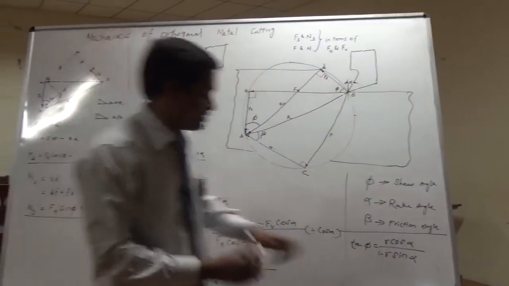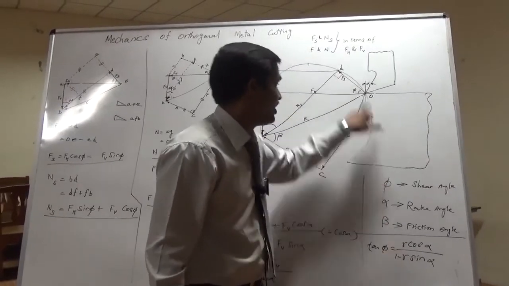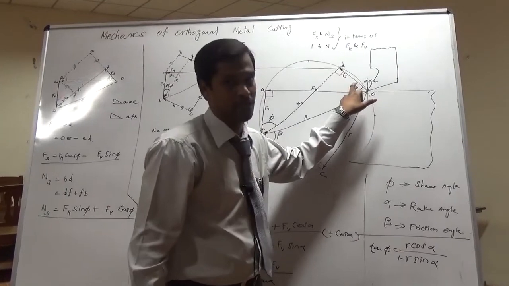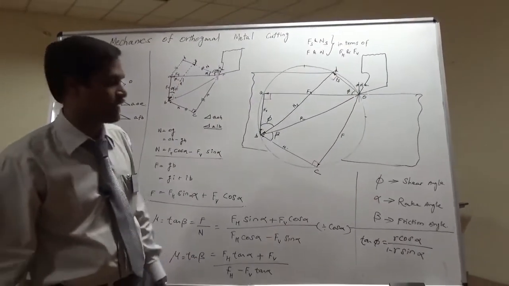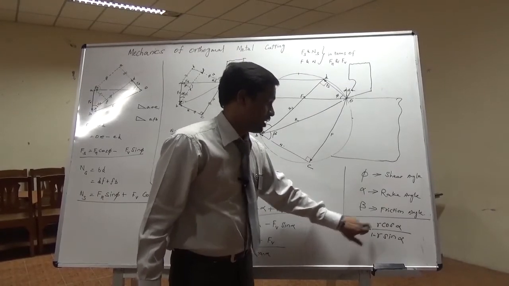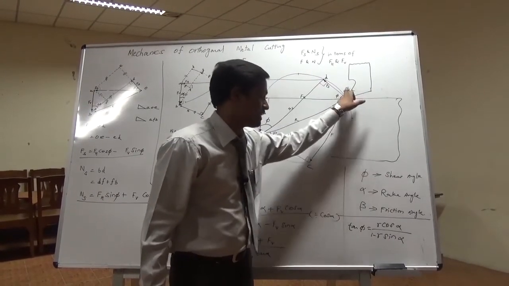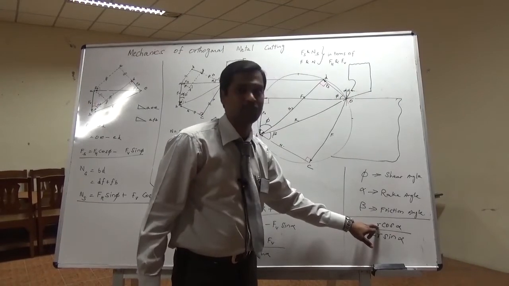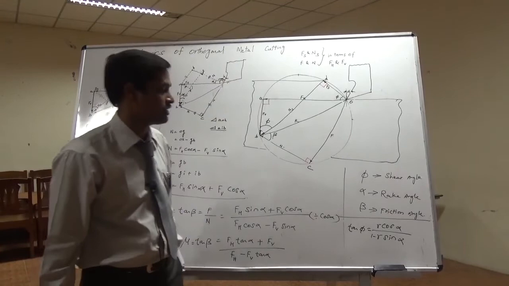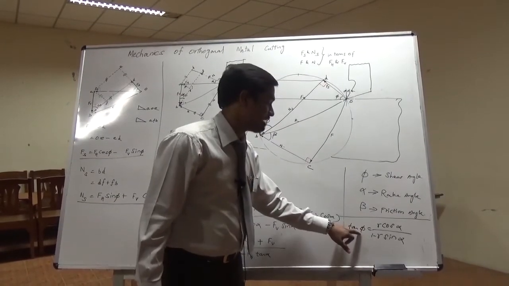And using this relation, it is possible to calculate phi, shear plane angle, because there is no practical way to calculate phi. That's why we can use this relation to calculate phi. We know the alpha value, back rake angle, r value, chip thickness ratio between cut chip thickness to uncut chip thickness. Using that, it's possible to calculate phi.